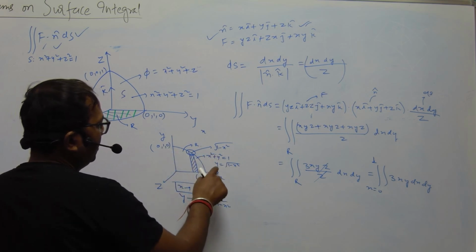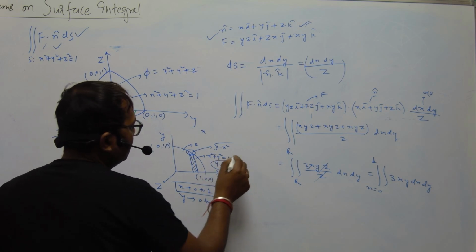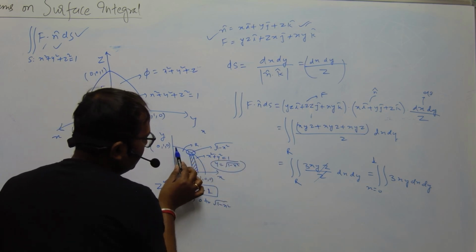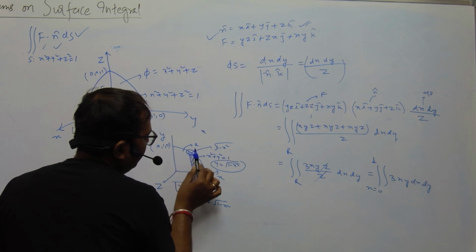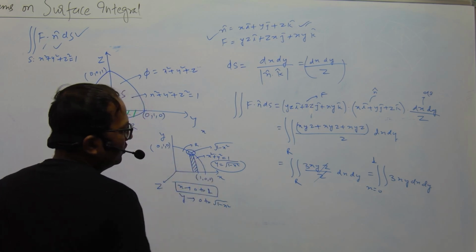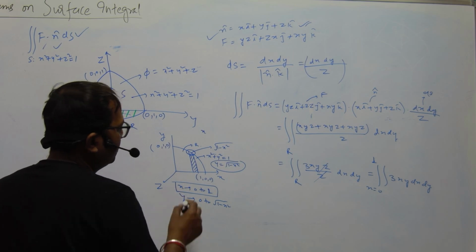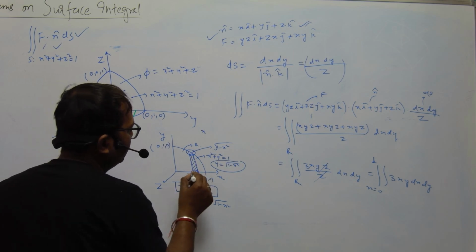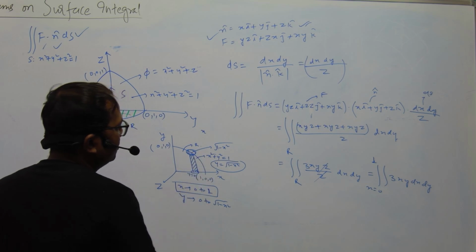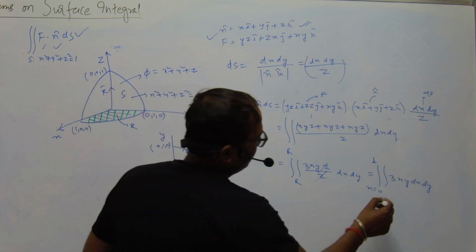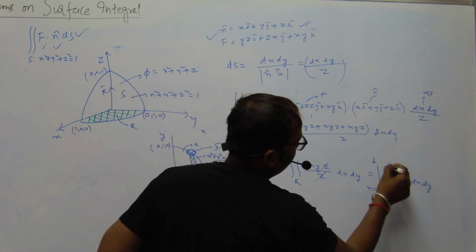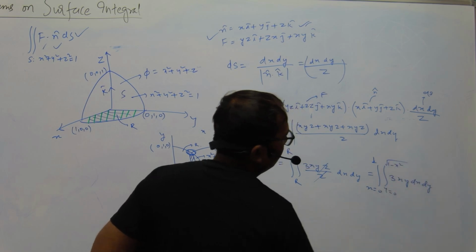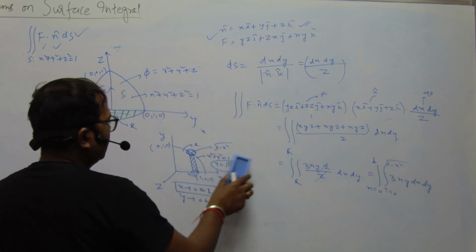So from here we have y equal to square root of 1 minus x square. Whenever we move this strip in this pattern, it will cover the whole region R. Here we have y equal to 0, and here y equal to square root of 1 minus x square. Just solve the integral for getting the answer.